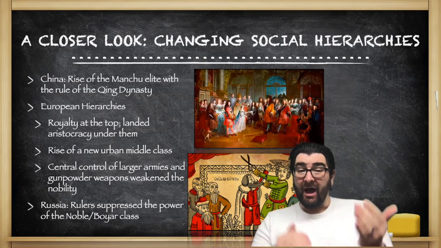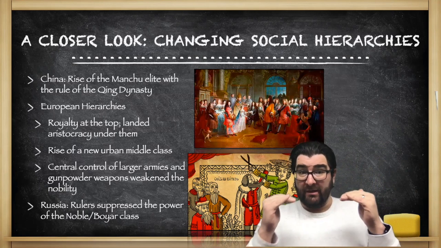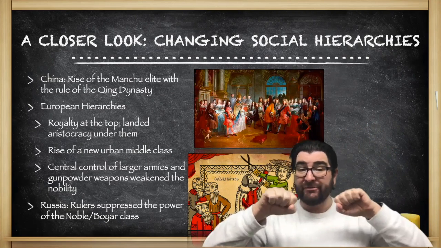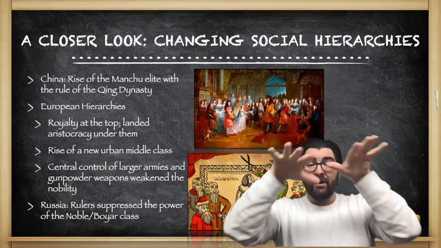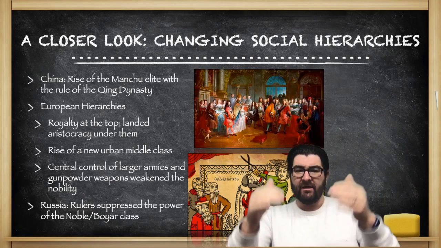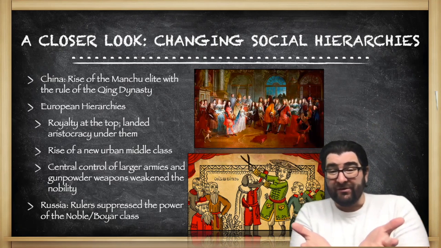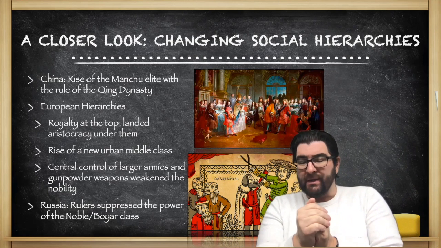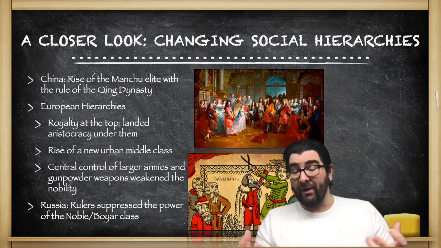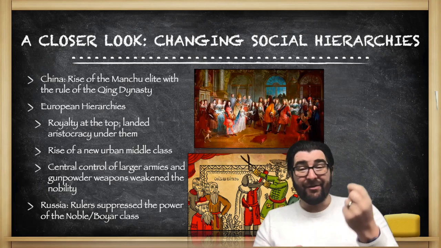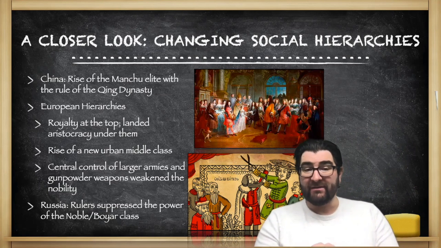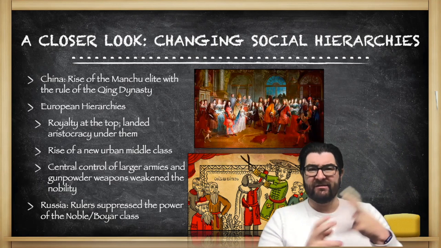In Europe, we see a hierarchy establish itself with the royalty at top, a strong, often absolute monarchy, with the landed aristocracy, the traditional noble class, underneath them. We will see the rise of a new urban middle class, particularly as we see more merchant wealth being developed and the rise of that investor class supporting joint stock companies.